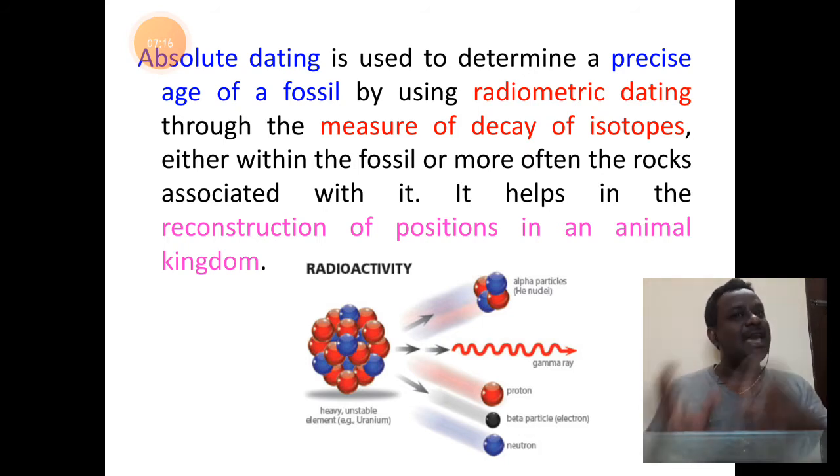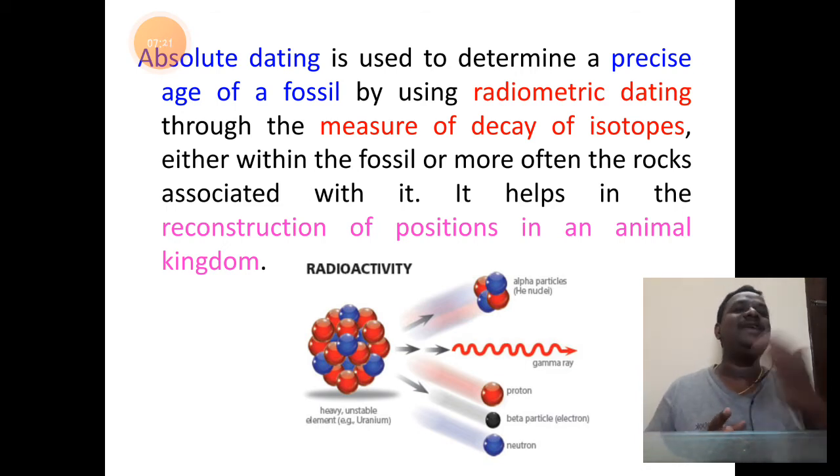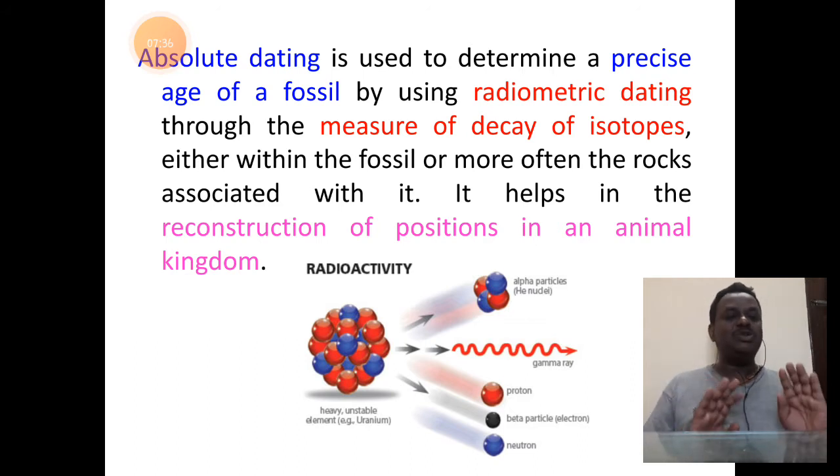Thus, the same atomic element will show different forms, and these different forms are known as isotopes. There are radioactive isotopes. For example, carbon has carbon 12 and carbon 14. Of these two, carbon 14 is the radioactive isotope of carbon. Hence, we call it carbon 14 dating.